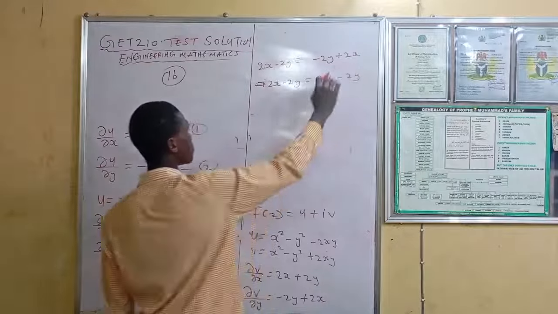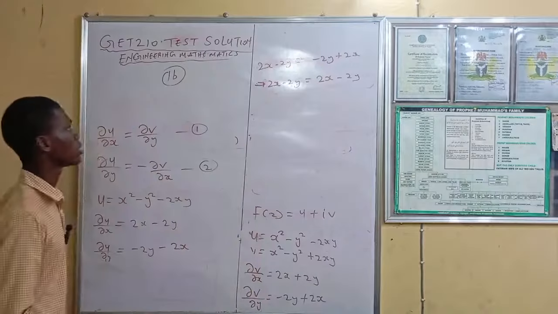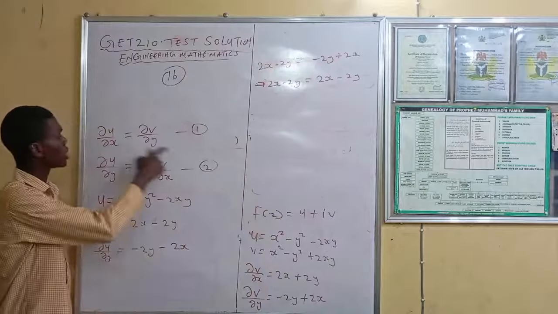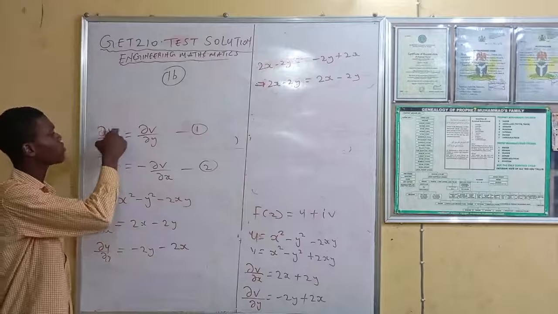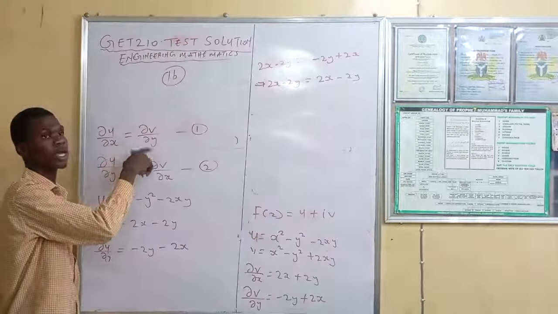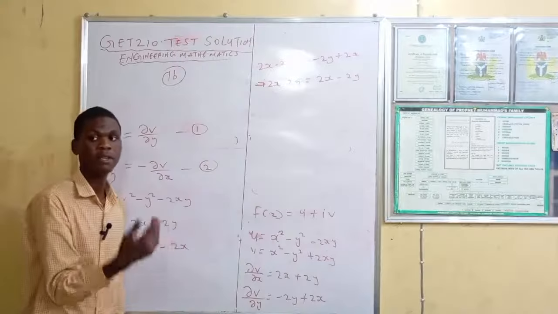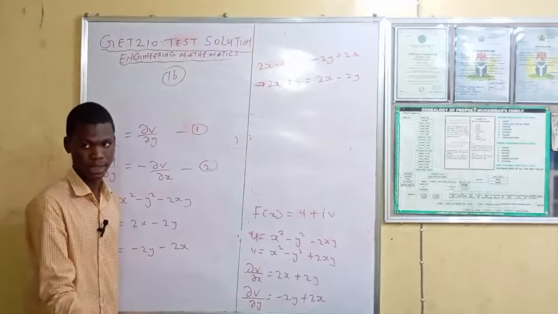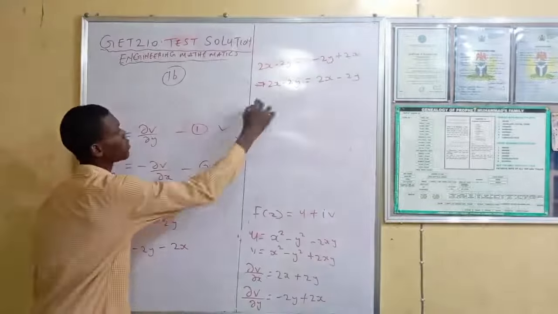We are arranging the positive term first. Yes. Now, since this partial derivative of u over x is equal to partial derivative of v over y, what does it mean? The given function is what? Analytic. This is just for the first one.